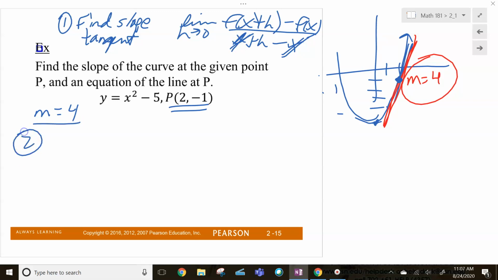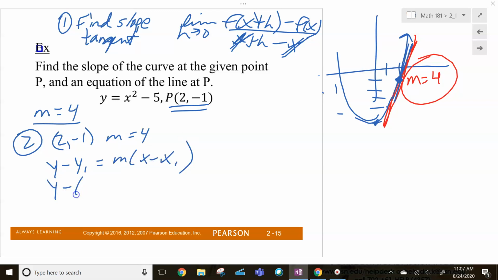So number 2, now what's the equation of that red line? Well, we have a point, 2, -1. We have a slope of the tangent. We know the steepness of that line is 4. We can use point slope form from pre-calc.